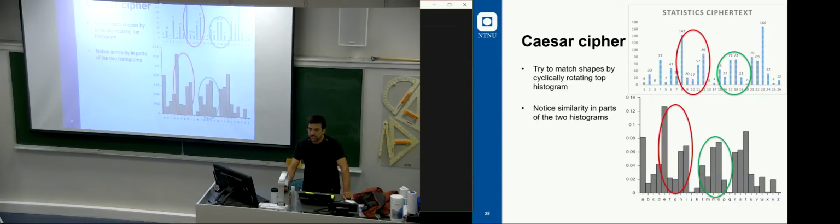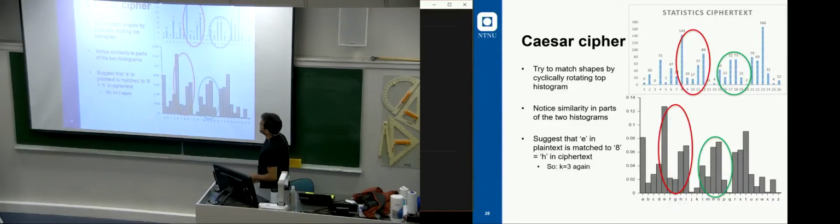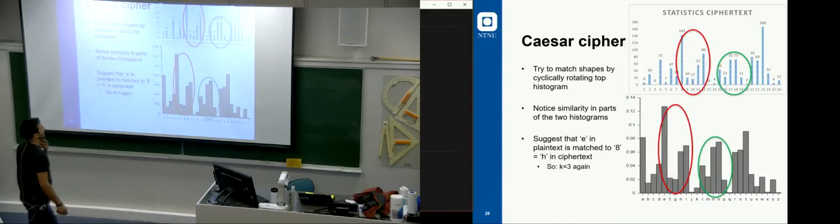If you see closely, at position 8 on the cipher text there was high frequency, and the same thing we can see in the English text.